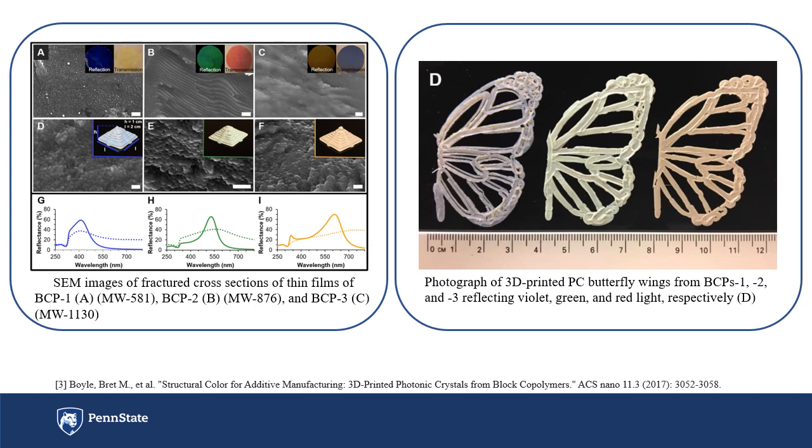The study also investigated the influence of the molecular weight on the domain size and reflected light wavelengths of the final printed PC objects. 3 BCP samples were synthesized on multi-gram scales through the ROMP of equal mole ratios of the two monomers to produce the BCPs with molecular weights of 581 for BCP1, 876 for BCP2, and 1130 for BCP3.